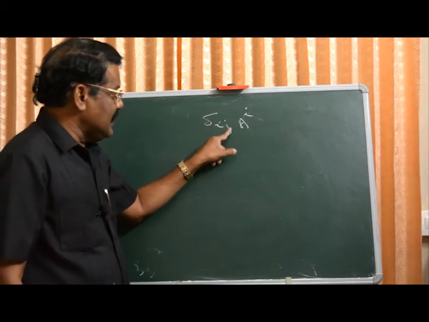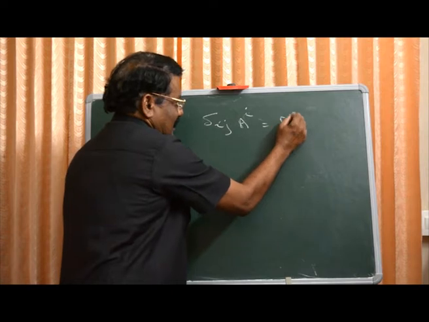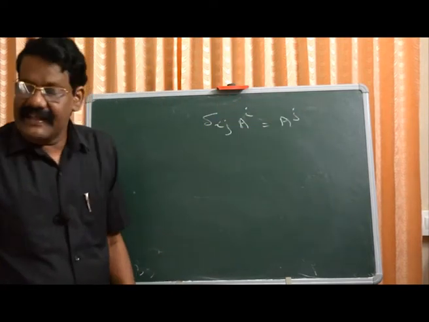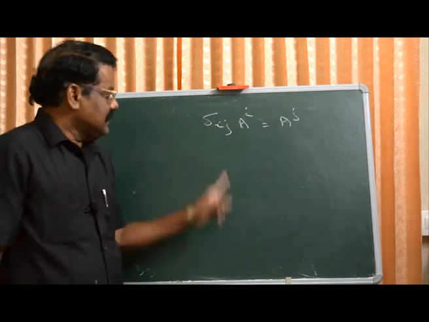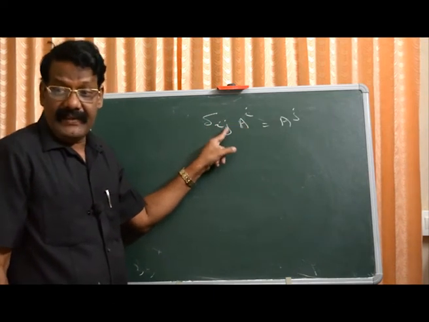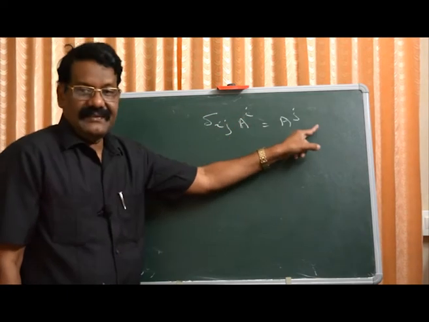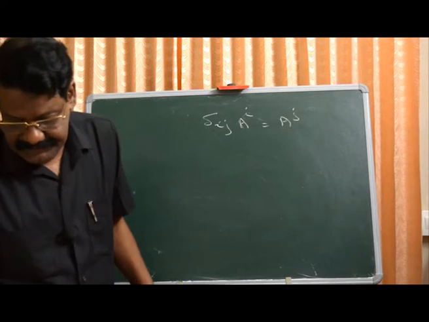When i is equal to j, this becomes 1. It's a very simple idea. So a_i goes to a_j. So this is one relation.